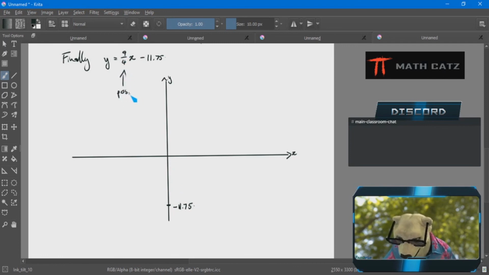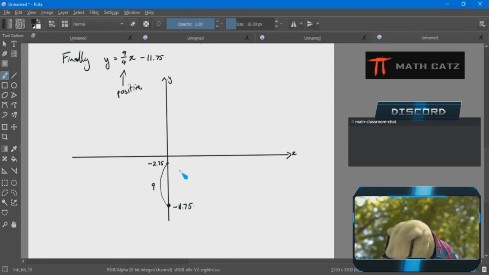Notice that it's positive. So that means a positive change in y, so up is positive, corresponds to a positive change in x. So to the right is positive. So that means if I go 9 steps up, that's going to get me to negative 2.75 in this case, because I like to go from the intercept towards the center.